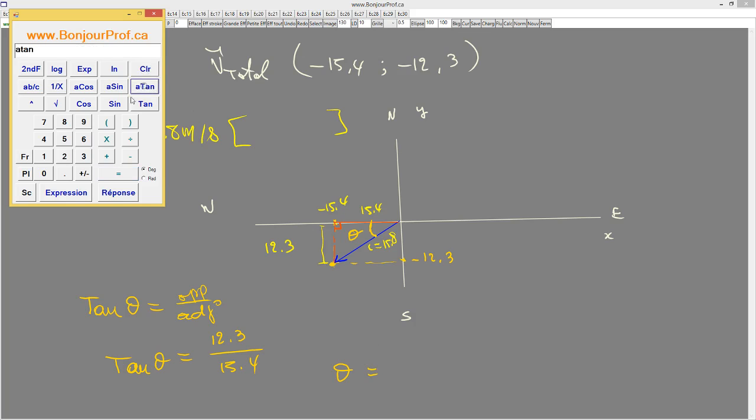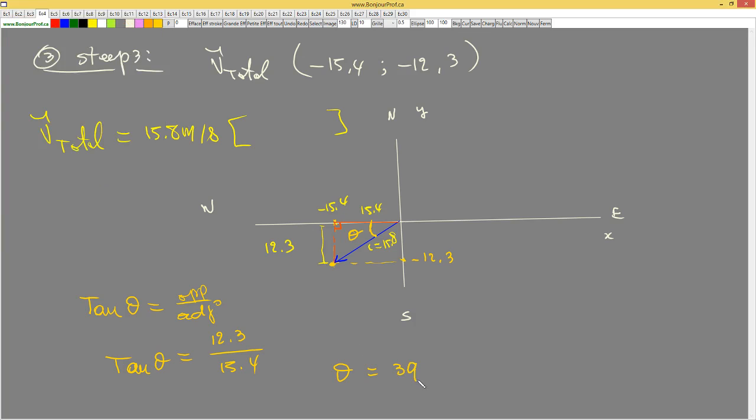I don't know what I did in my calculator, I think I did it wrong. 12.3 divided by 15.4, then inverse tangent, gives 38.6, or 39. So this angle here is 39 degrees.